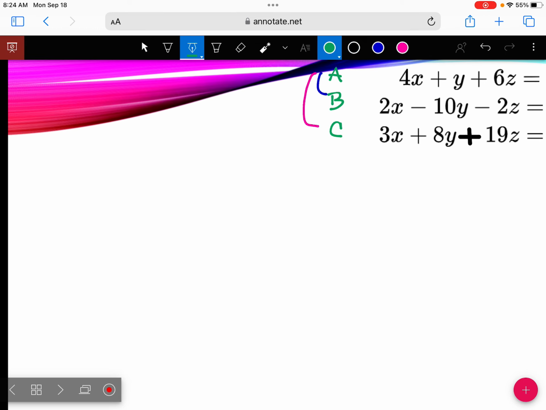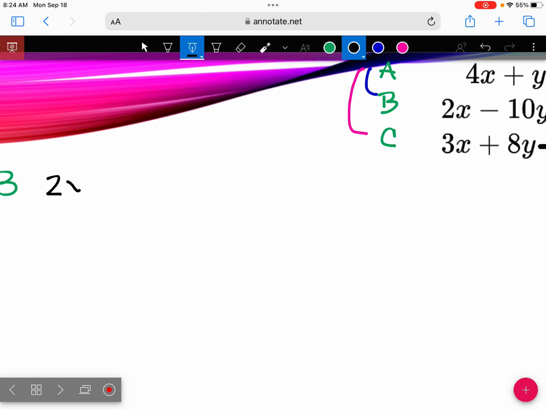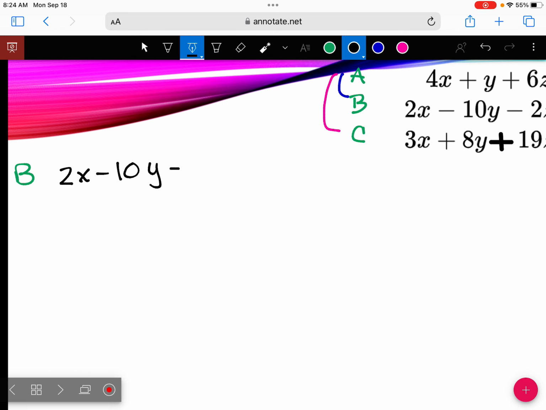So I'm going to, over here, write B, which is my 2x minus 10y, oh, so I can actually see the whole thing, minus 2z equals 12.